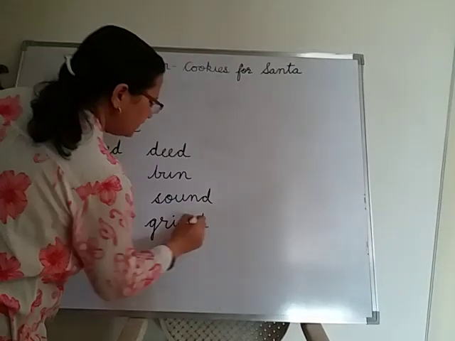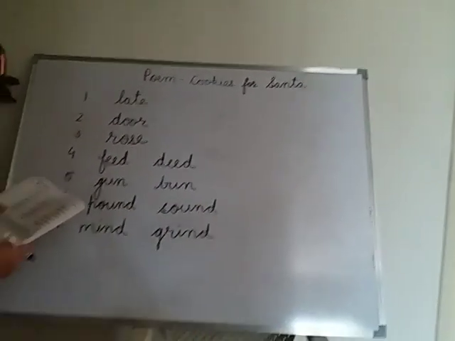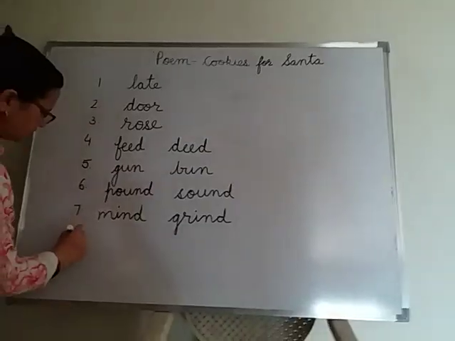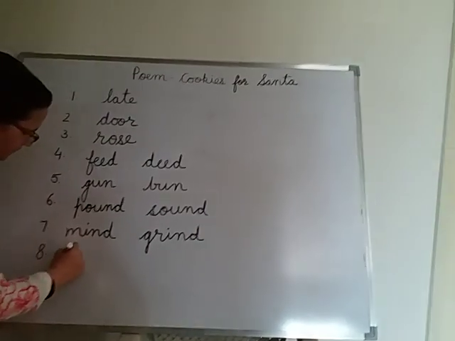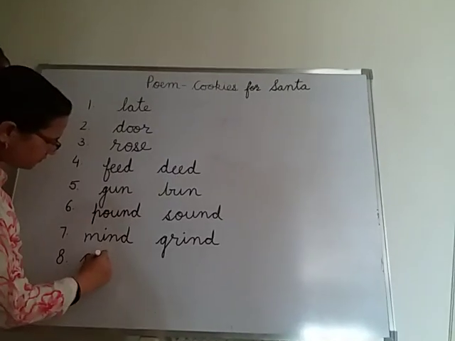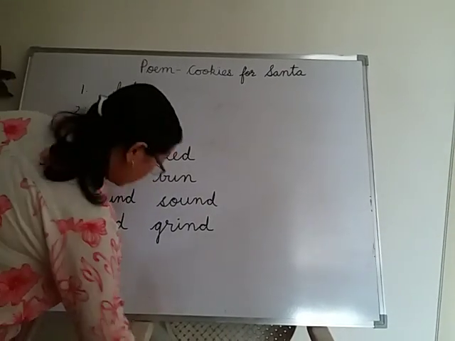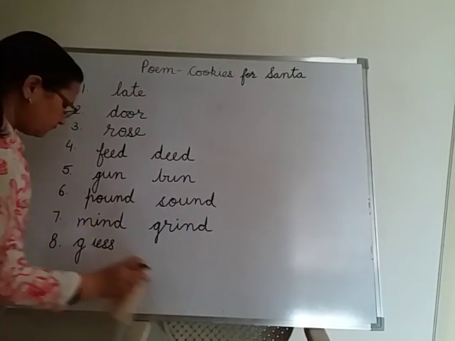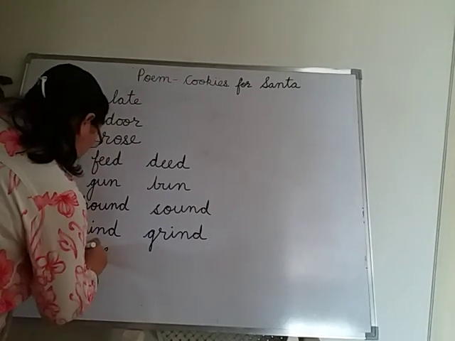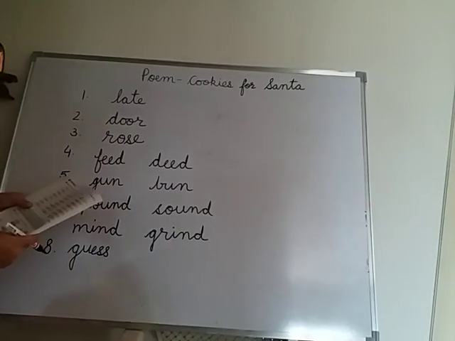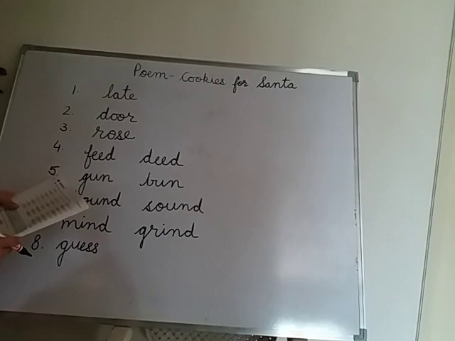G-R-I-N-D, grind. Next children, the eighth word is guess, G-U-E-S-S, guess. Now you have to write two more rhyming words for this.